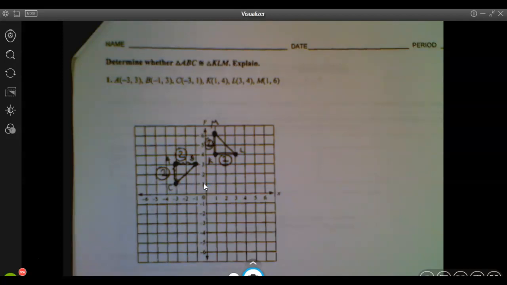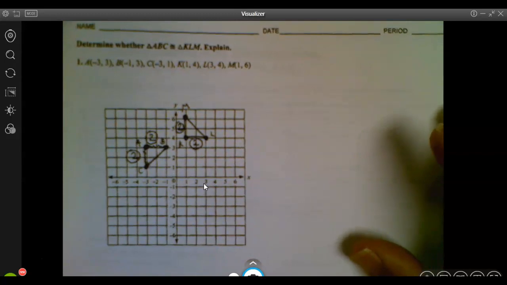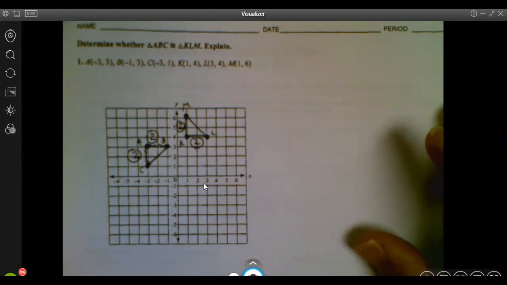We could certainly do that using slope. What I've seen in the past is students have a harder time showing the proper steps using slope. You could certainly do that, and there's nothing wrong with it. But I'm going to go with the one that people have a little more success with, which is the distance formula. So I'm going to do my distance formula for CB.